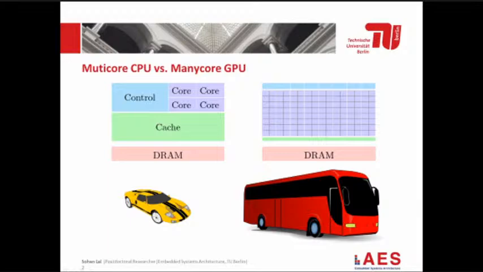It's much more efficient in terms of cost, and also faster than the car. Similarly, if you don't have much parallelism, you can use a multi-core CPU. But if there is massive data-level parallelism, we can use GPUs.